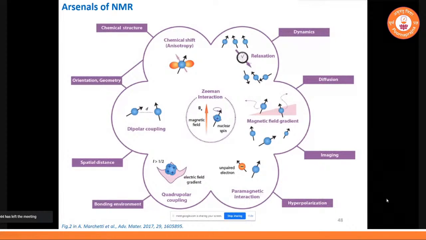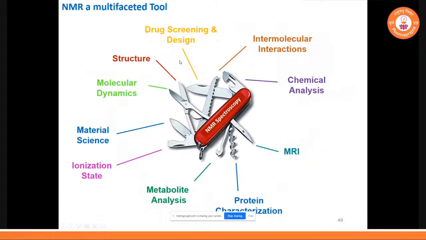So this is a recent field, known as hyperpolarization. Of course, quadrupolar coupling gives the bonding environment. I am not dealing with this today. As I already told you, through dipolar coupling, we can get distance information as well as orientation information, and chemical shift gives the chemical structure information. That's why NMR is like a Swiss knife. It is a multifaceted tool. With these interactions, you can apply whichever field you want.